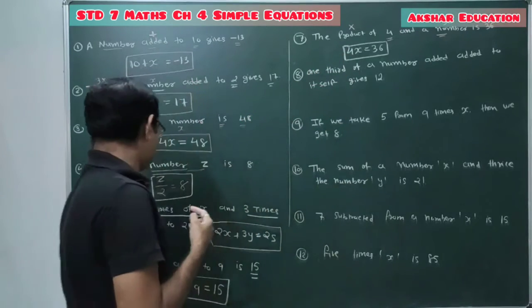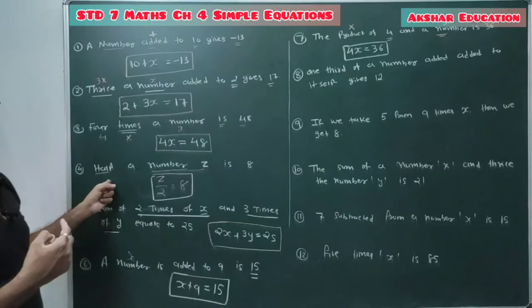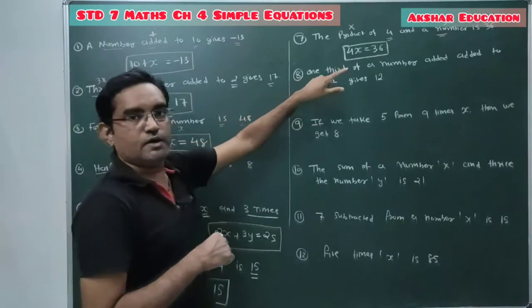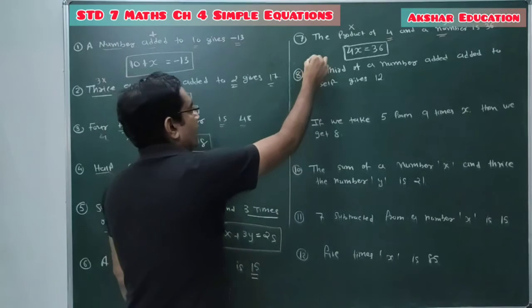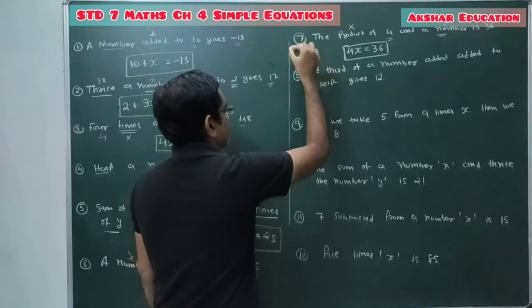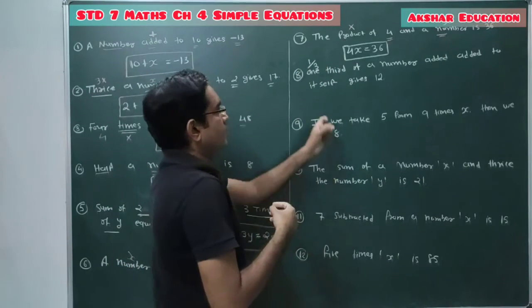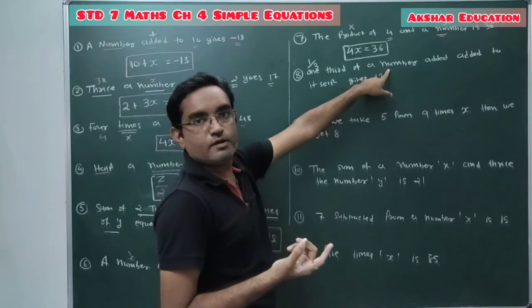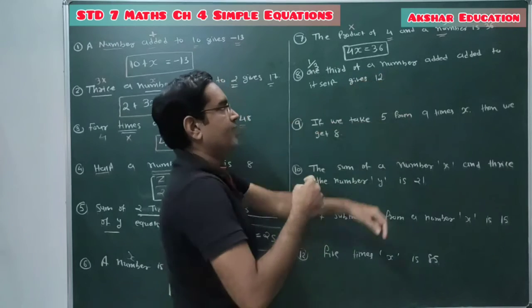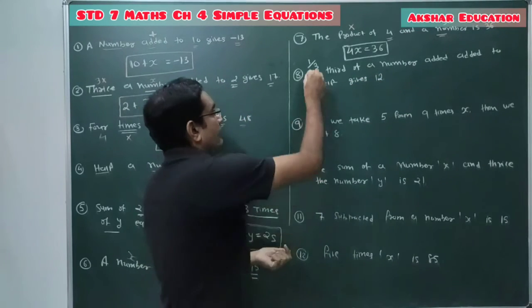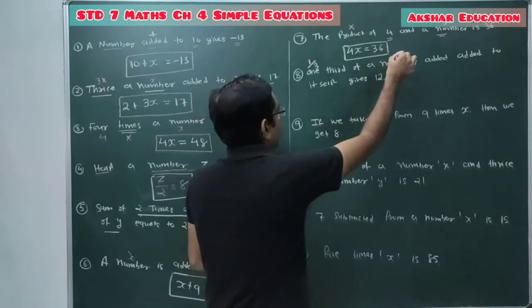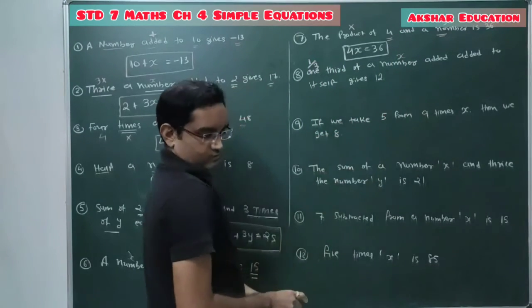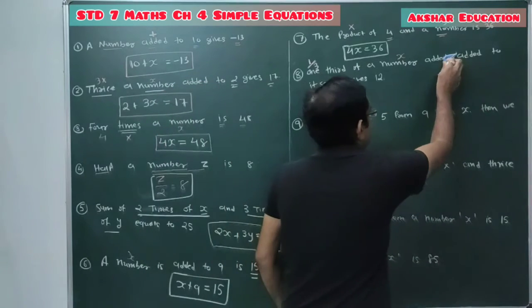नेक्स्ट स्टेटमेंट देखो, क्वेश्चन नंबर 8. 1/3 मतलब थर्ड पार्ट है ना, थर्ड पार्ट. So 1/3 of a number. कौन सा नंबर? We don't know. So let the number be x.